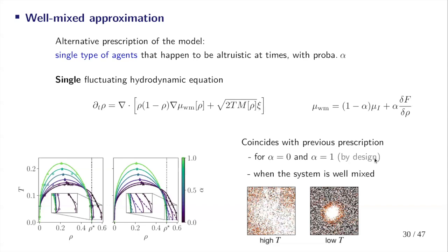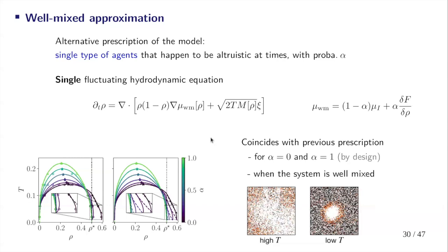And so your chemical potential is just the weighted average of the individualistic chemical potential and the chemical potential for the altruist. And if you do so, you just have one hydrodynamic equation, and you can play again the binodal construction with this single hydrodynamic equation and build your generalized thermodynamic framework.